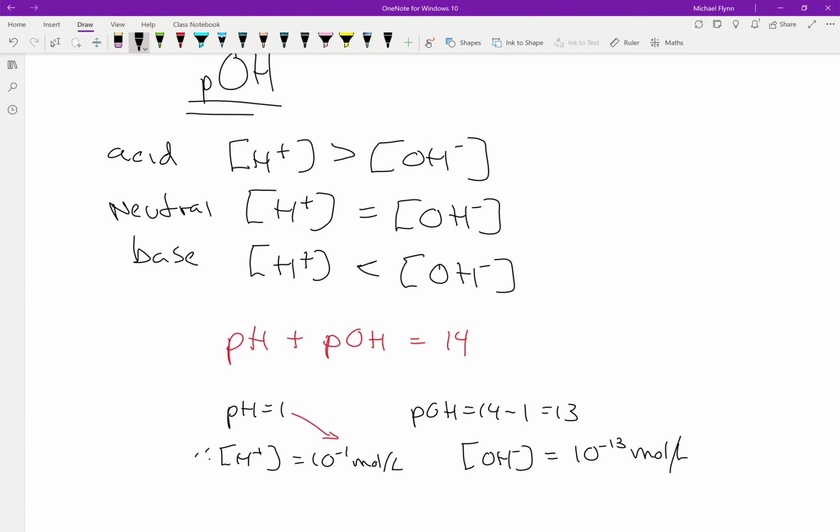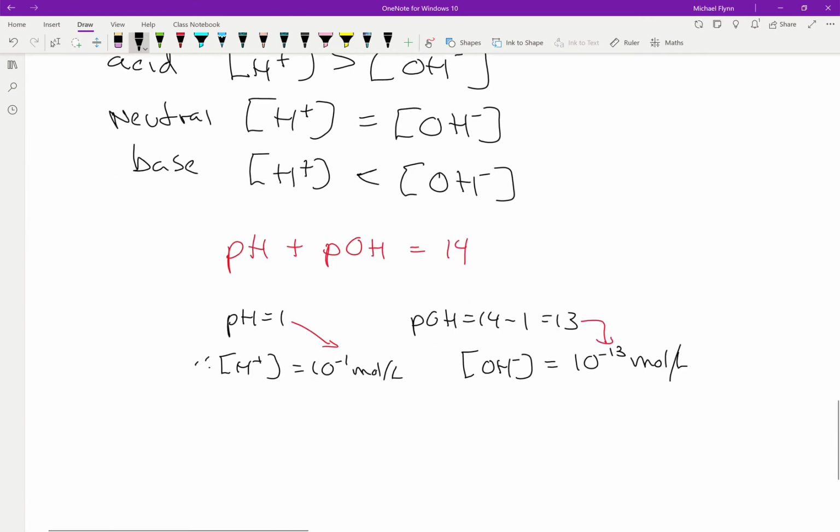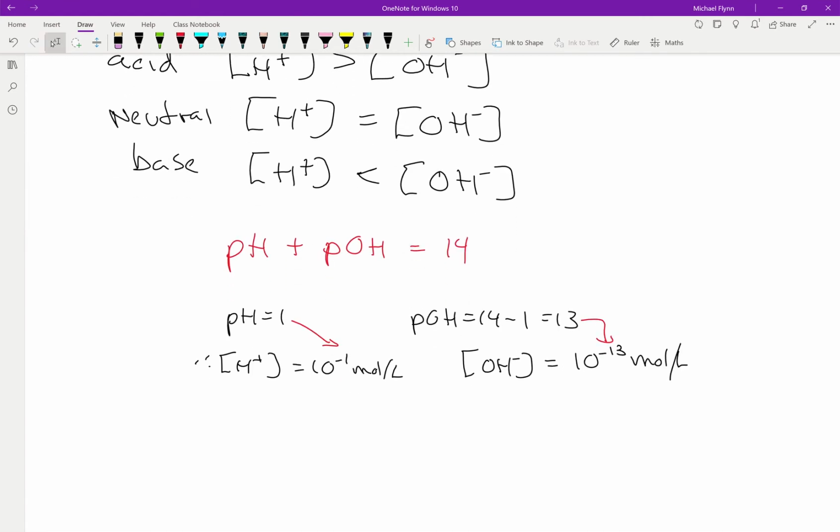Okay, so that number 13 goes in there. So anyway, the whole point is, just like pH is a measure of the concentration of hydrogen, well, pOH is a measure of the concentration of hydroxide in solution. Okay? All right, so that's basically the lesson for today. That's everything you need to know for the lesson for today, pH, pOH.